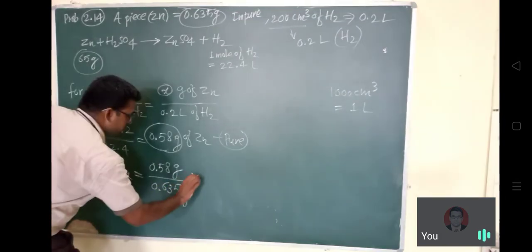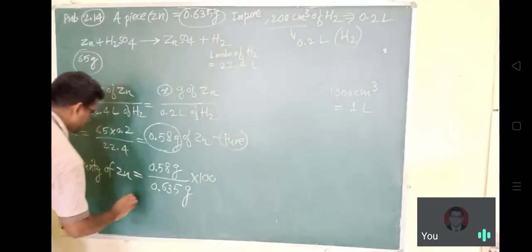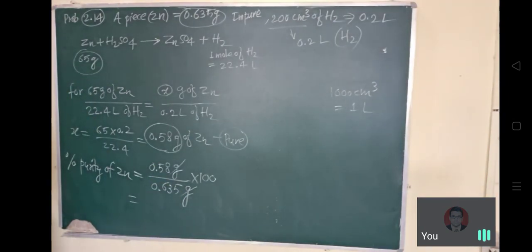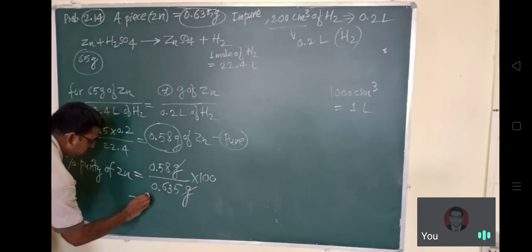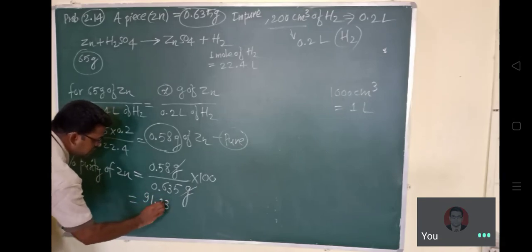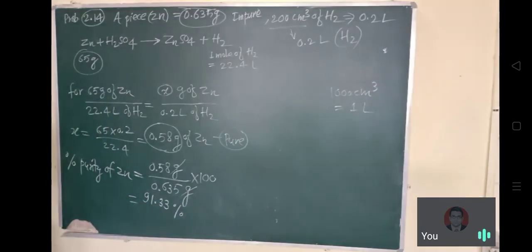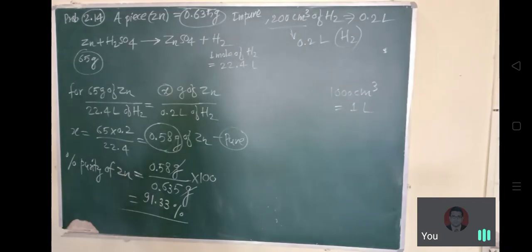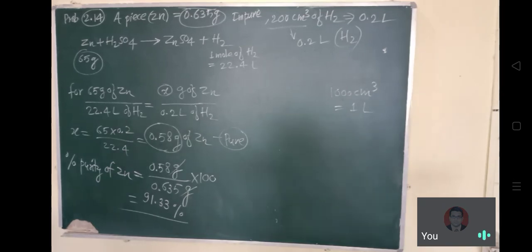That is multiplied by 100 because we want the percentage. The grams will get cancelled and we will get the answer in percentage. The answer is 91.33 percent. So this is the percentage purity of zinc. In this way the problem has to be solved.